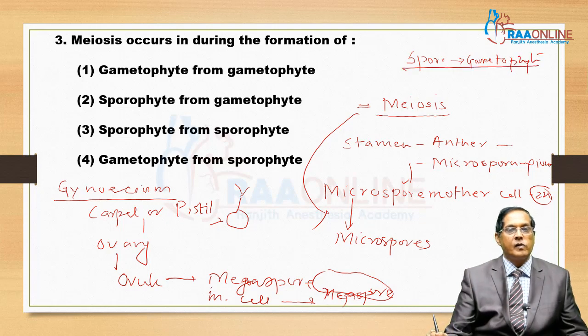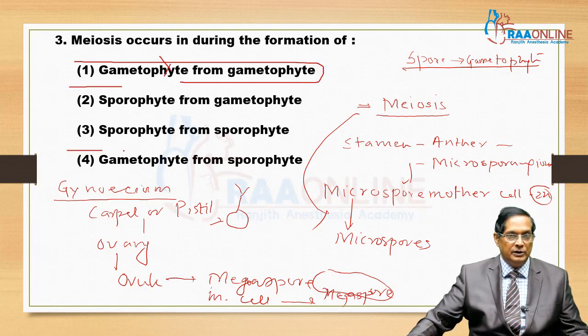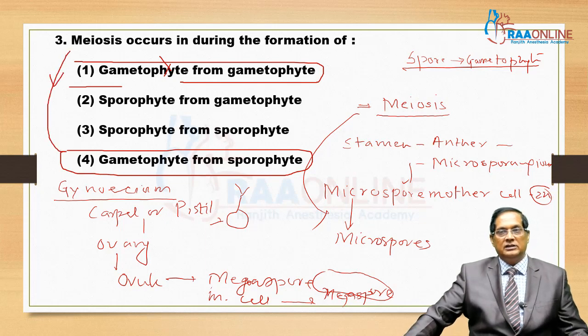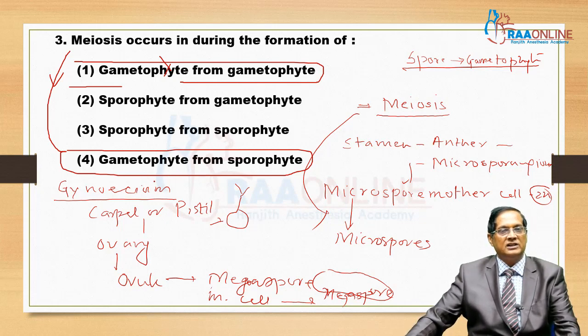It means any angiospermic plant performs meiosis when spores are produced, that is, in the formation of gametophyte from sporophyte. Then meiosis is seen, and there are two structures in which it is seen: one is the stamen, the other is the carpel.